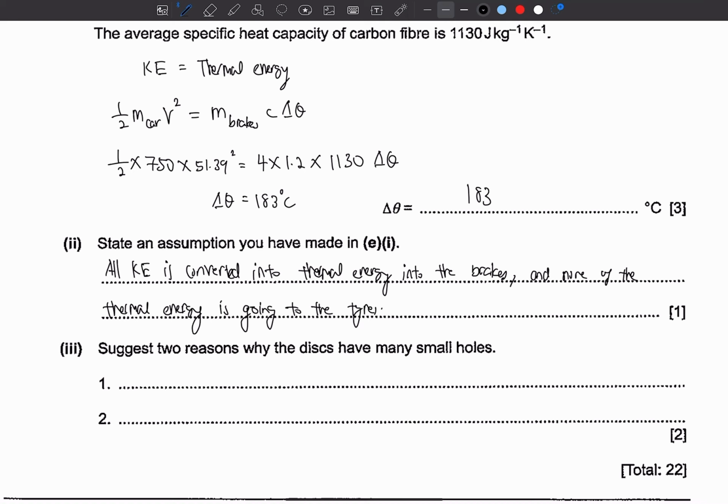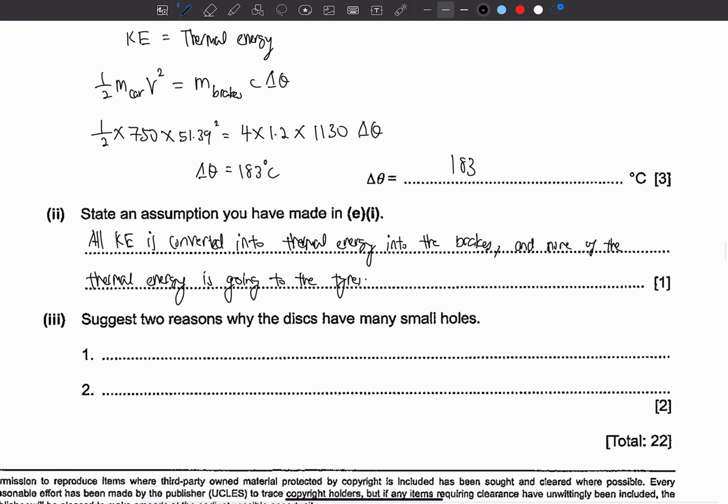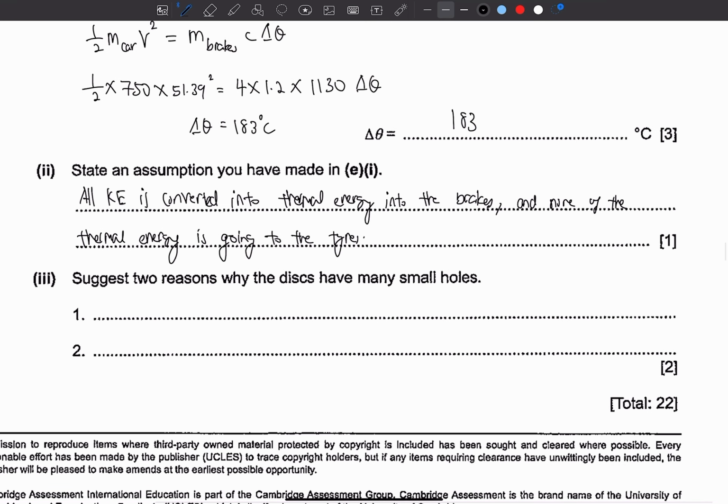Alright. So, suggest 2 reasons why the discs have many small holes. Well, one reason is that these small holes facilitate the flow of air through the discs to increase the heat dissipation.